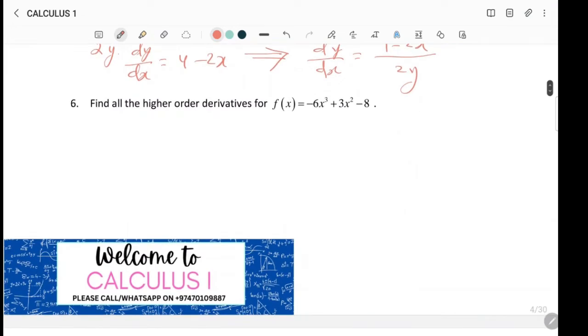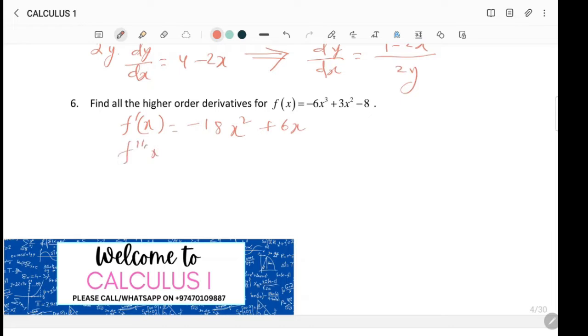Question 6 says find all the higher order derivatives of this. Okay, so first we will find f dash x. So this is minus 18x square minus 6 times 3x square, so minus 18x square and plus 6x, right?